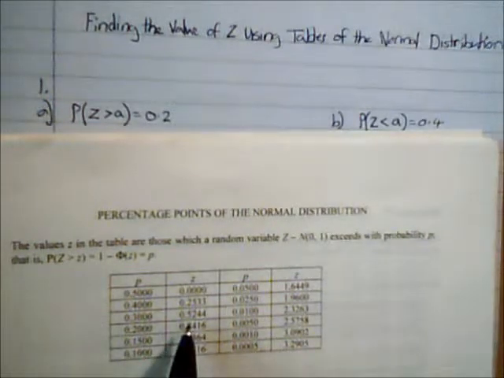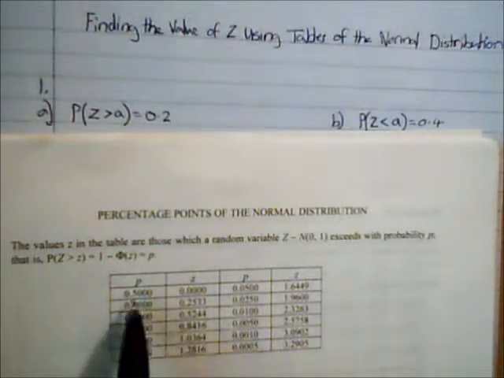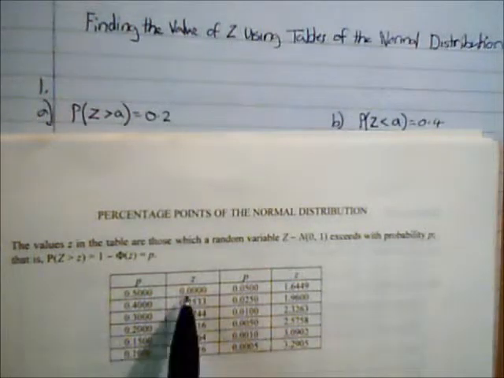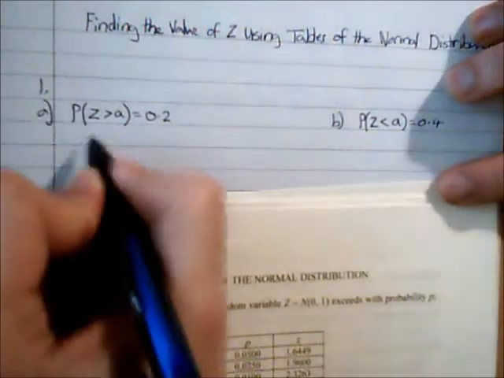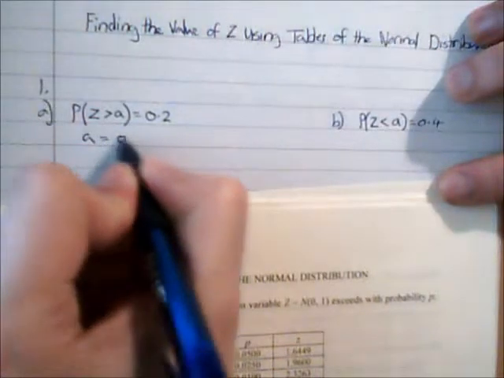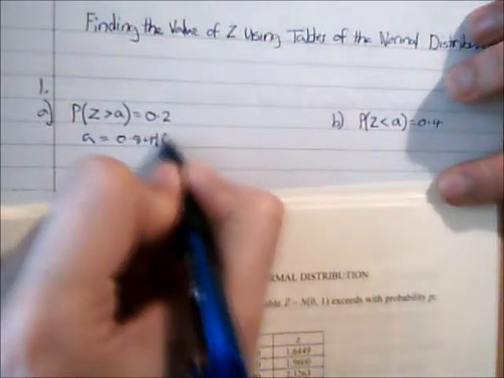And these are for values where this probability, if exceeded, is exceeded by this z value. As you can see, there's only a limited number of probabilities this is useful for, but 0.2 is one of them. So 0.2 is here, and I can see that the associated z value is 0.8416. So for this first one I can simply write a is 0.8416.